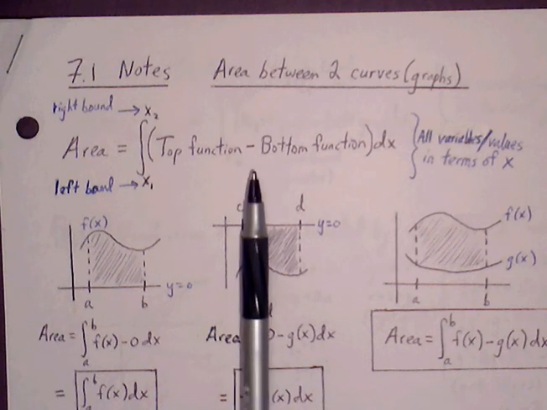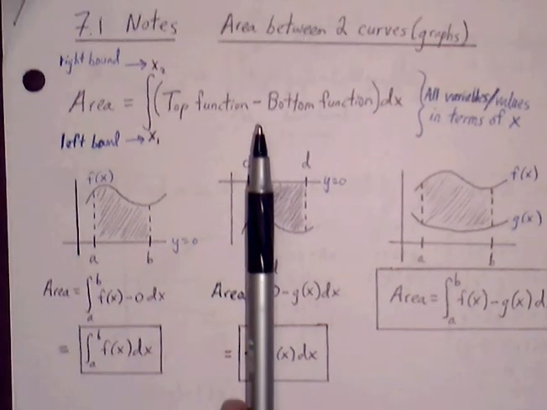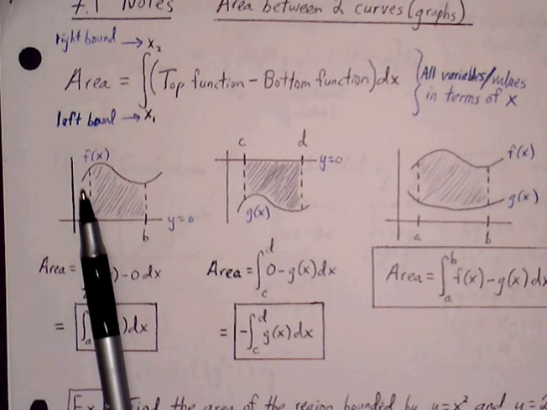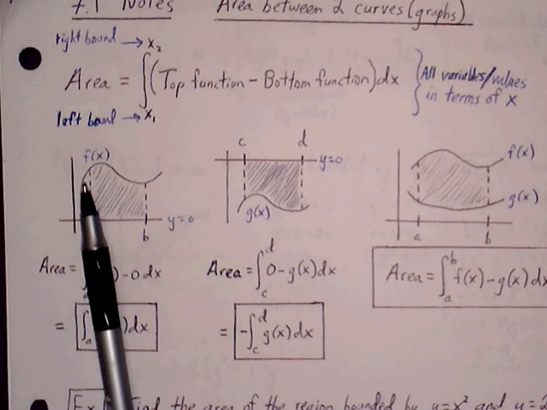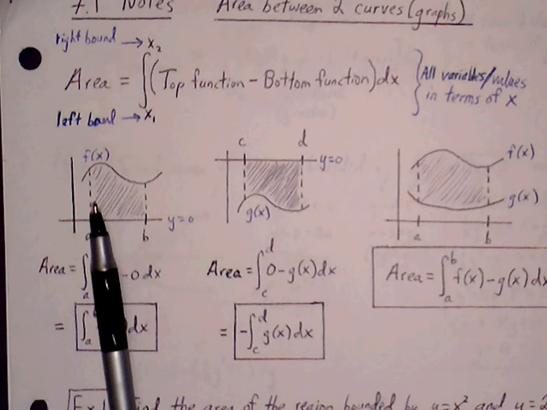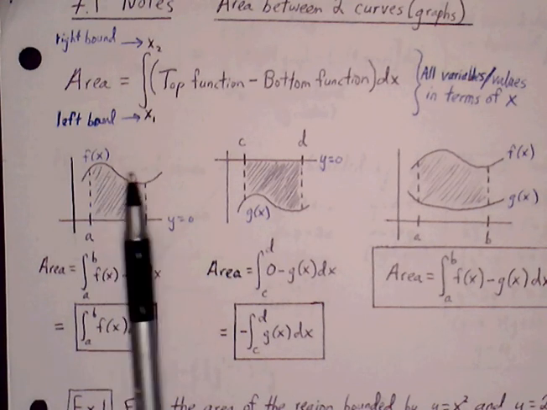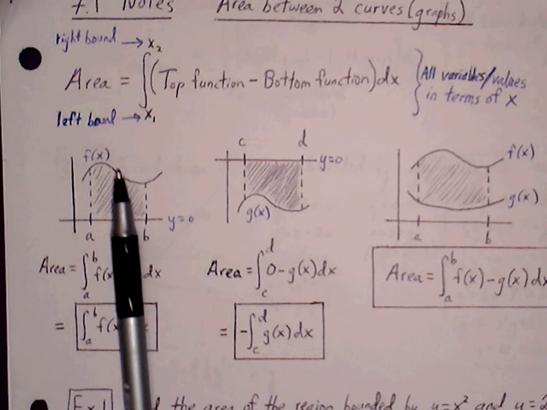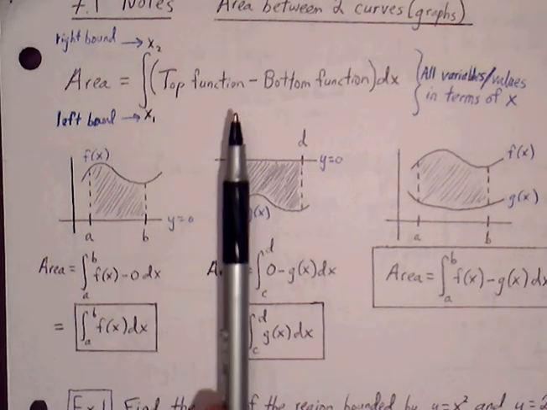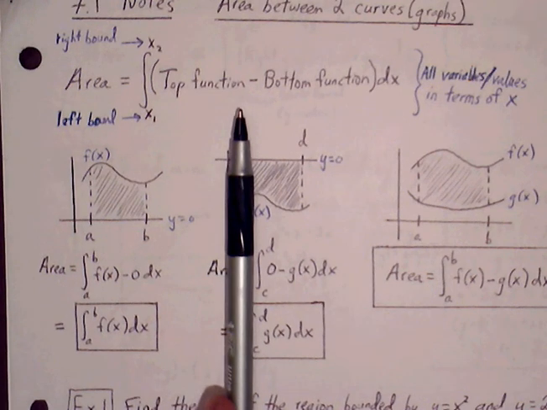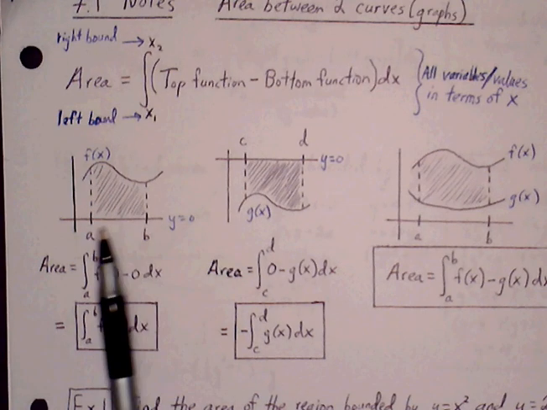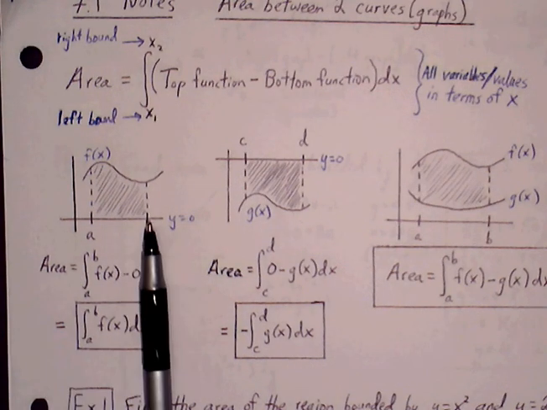Now, we've talked about area using definite integrals, but it's always been in this form here, where the curve has, for the most part, been above the x-axis, and the shaded region that we've always been talking about has been between the curve and the x-axis. But technically, this formula is being applied because the top function is f of x, the bottom function is y equals 0.